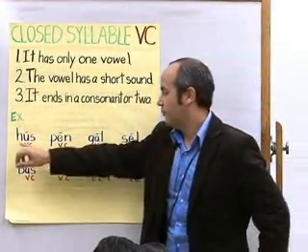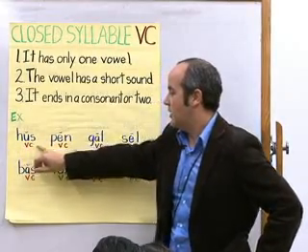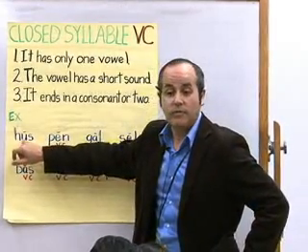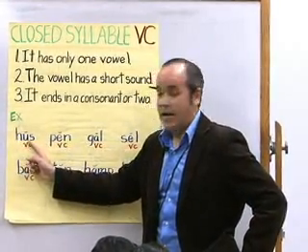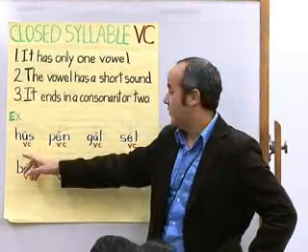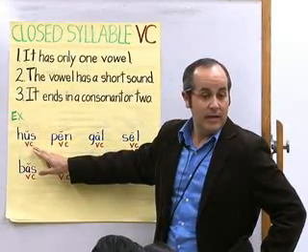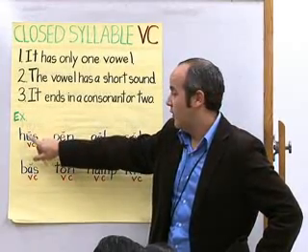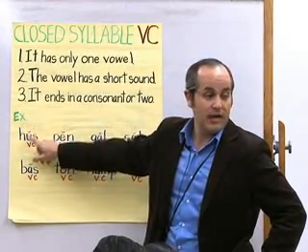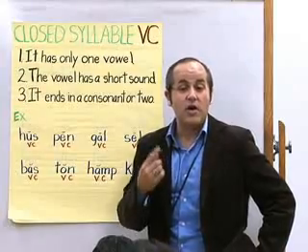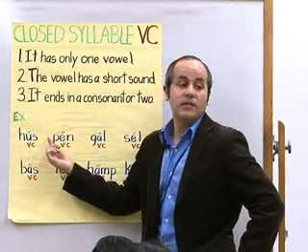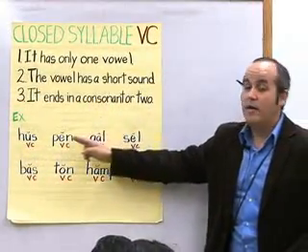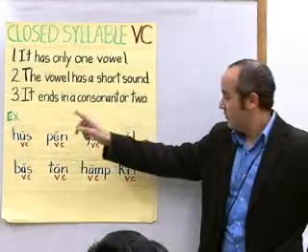For example, closed syllable, we have one vowel, and I put vowel, that's what the V stands for, ends in a consonant, and the vowel sound is short. If you remember, that's the symbol for the short sound. Short sound of the U, hus. Here we have another closed vowel.